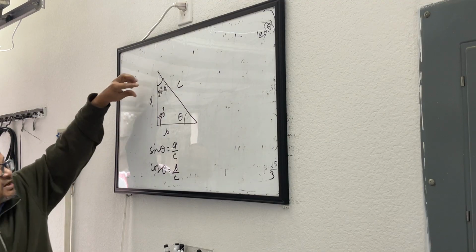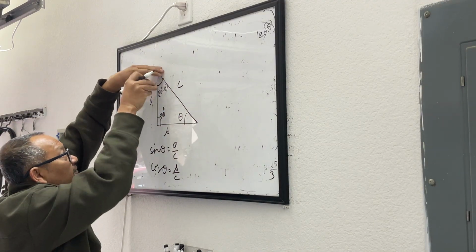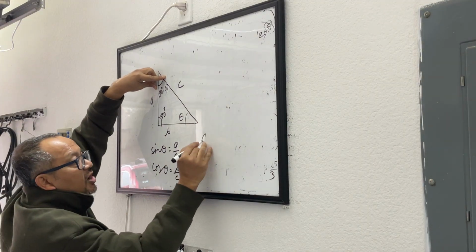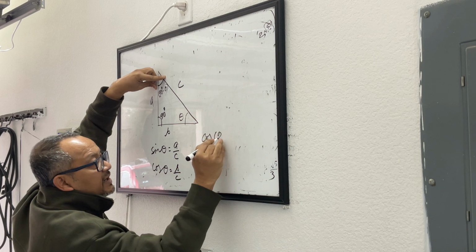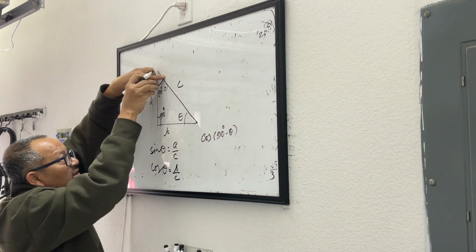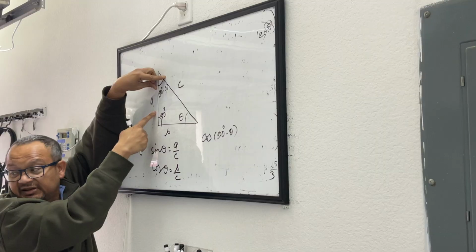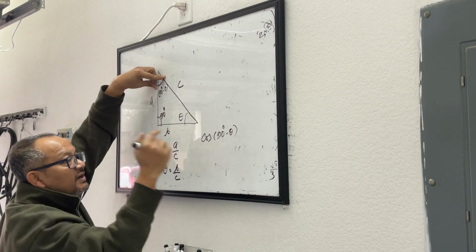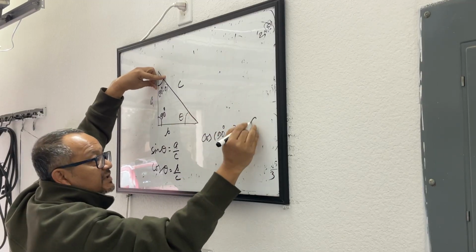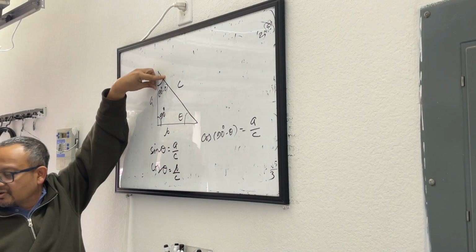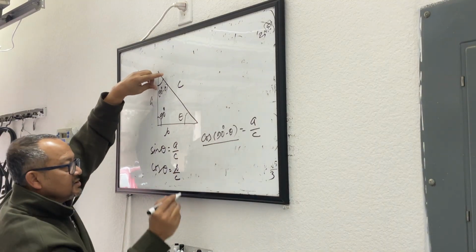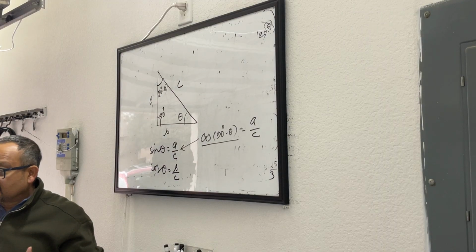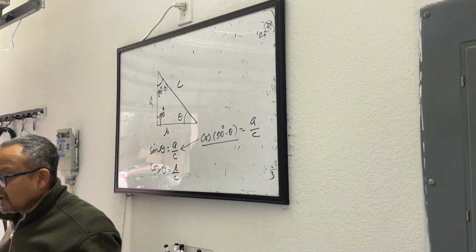If I look at this triangle from this view, using this as my angle, then cos of 90 degrees minus theta, keeping this angle in focus, this is my adjacent side and this is my opposite side. So cos of 90 degrees minus theta equals A over C, adjacent side over hypotenuse, which is the same as sine of theta. This is called the theorem of complementary angles.